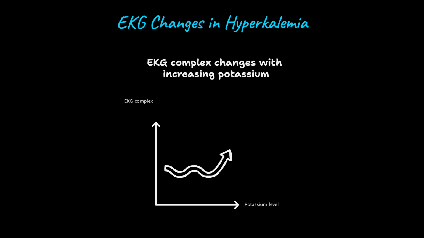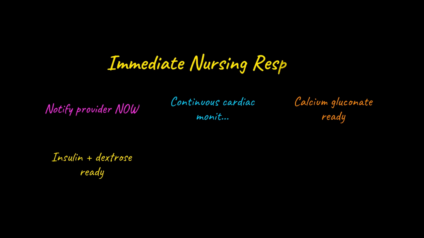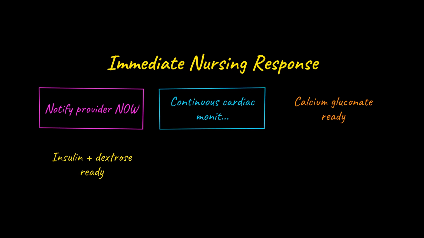The EKG is the real-time window into how hyperkalemia is destabilizing cardiac conduction, and continuous monitoring lets the nurse catch deterioration before the patient loses a pulse. The correct response has 4 pillars. Notify the provider immediately, place the patient on continuous cardiac monitoring, and prepare treatments.